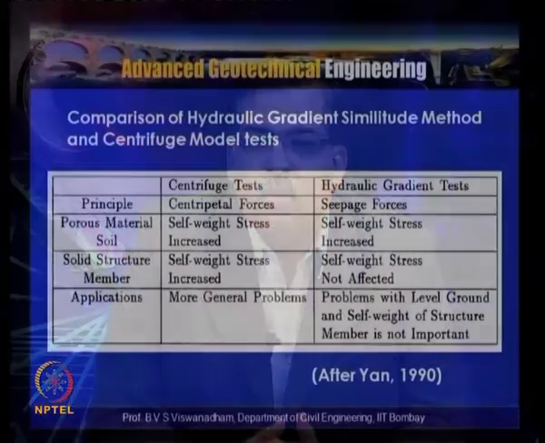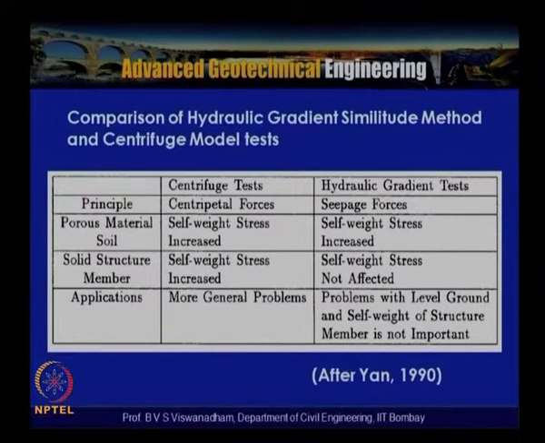If you compare the basic principle, in the centrifuge model test centripetal forces act on the model towards the center, and in the hydraulic gradient test seepage forces act. In the porous material soil the self weight stress is increased, and in the hydraulic gradient test also we have the self weight stress increase.